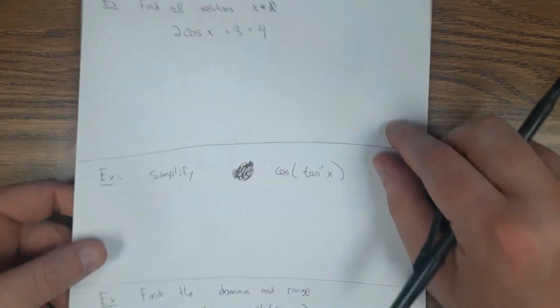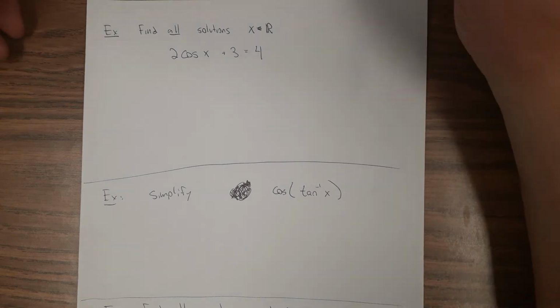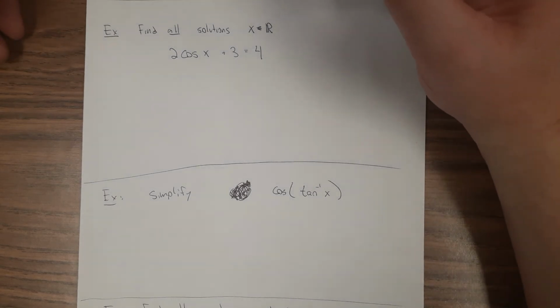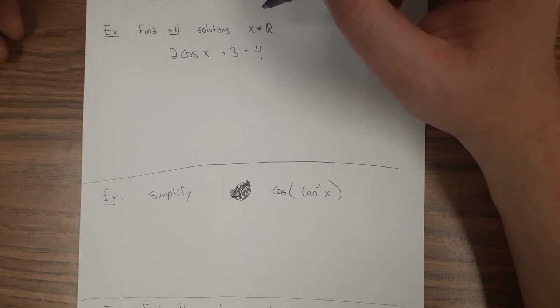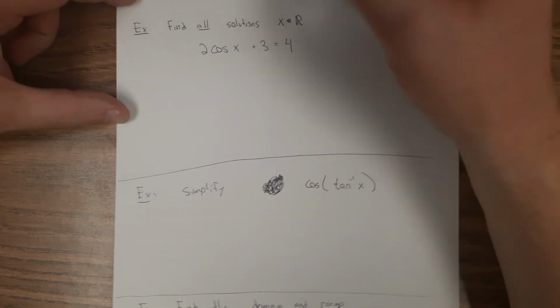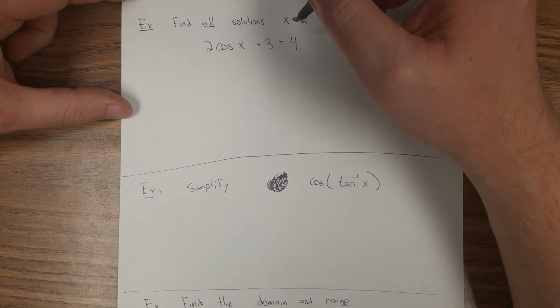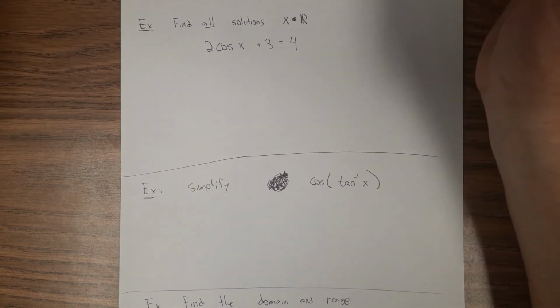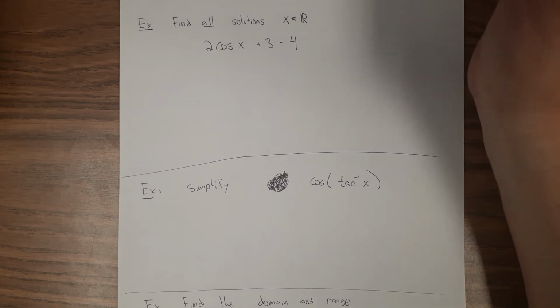Yeah, so maybe this will be a little bit of a long video, but I'm almost done. So let's do a couple of examples. We're going to find all solutions to this, and this will be kind of easy because of what we just did. I put some stuff around the cosine x, but we know what to do.